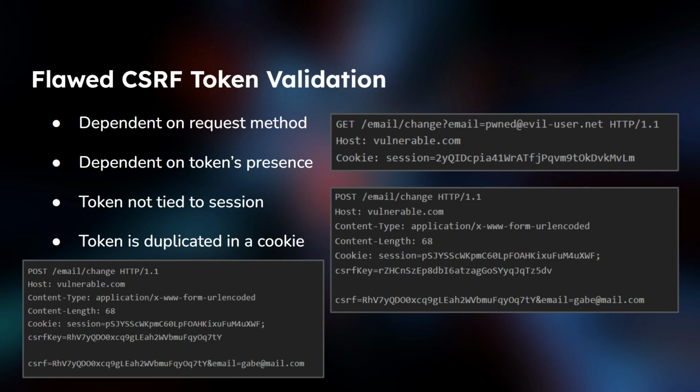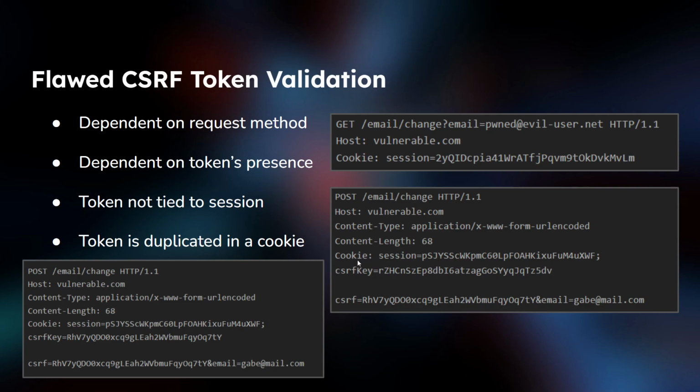If the token is tied to some cookie that's not the session cookie, the example I've got right here is that you have the session cookie and a CSRF key cookie, which are different from each other, the token and the CSRF key cookie. It kind of works, but it kind of doesn't. If the token in the body of the request is linked to the CSRF cookie instead of the session cookie, we might be able to perform an attack if we can inject this CSRF key cookie that's being validated.